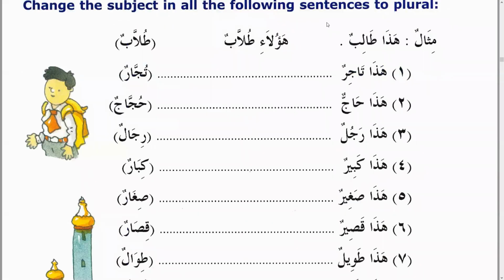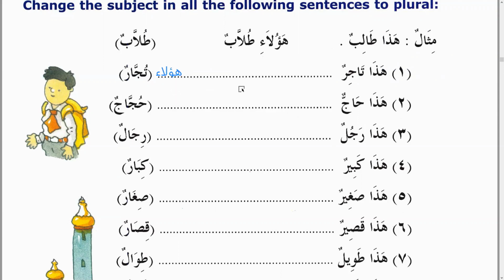هذا تاجر. So we have to say هؤلاء تجار. So I'll just write هؤلاء. هؤلاء, right? هؤلاء تجار.